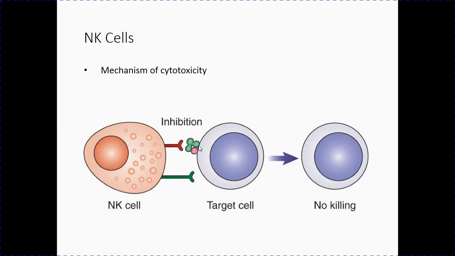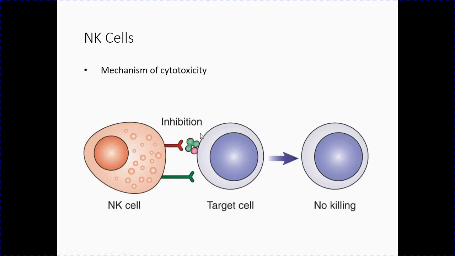If the MHC has an antigenic protein, remember that would be found right here in this peptide cleft that we talked about in chapter 2. If there's an antigen in the peptide cleft there, then killing is going to occur.